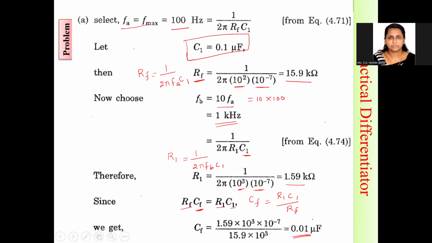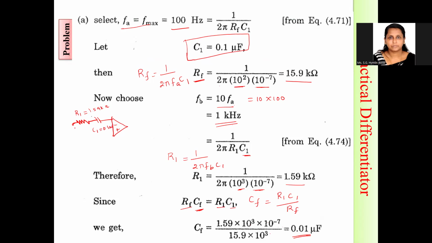Now how will the differentiator circuit look? You have an operational amplifier with minus and plus inputs, and on the input side you have R1 and C1. R1 is equal to 1.59 kilo ohm and C1 is equal to 0.1 microfarad.